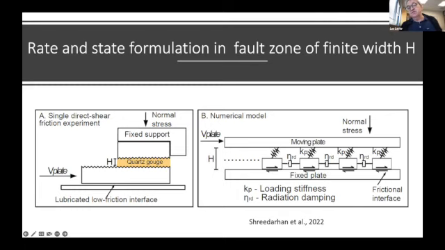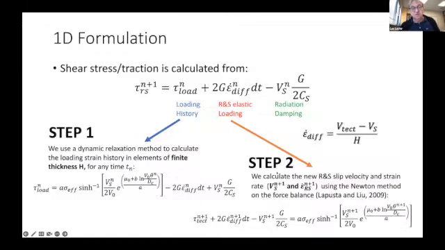So basically the dampers are usually the same as the radiation damping that's used in seismic cycle rate and state formulation. Okay. So the loading stiffness is calculated differently from the response of the different interfaces here. So here is basically the formulation.